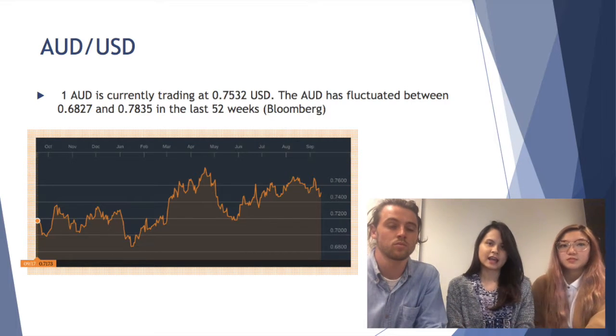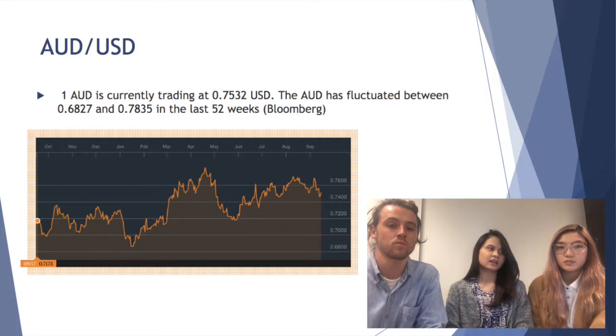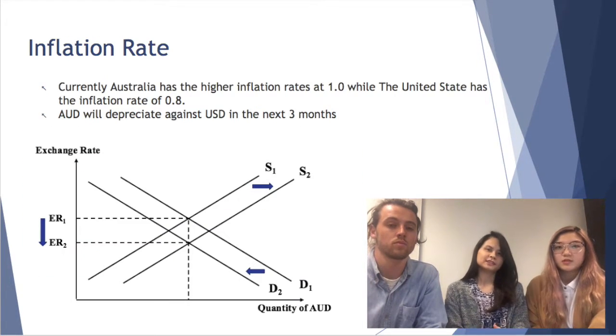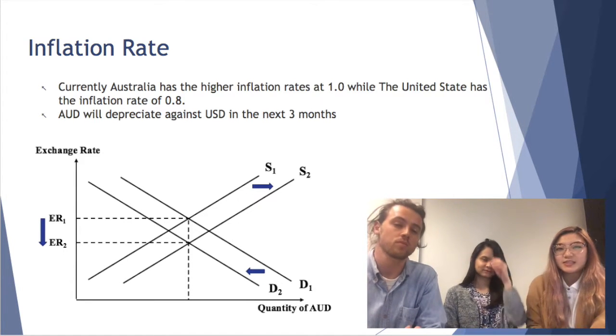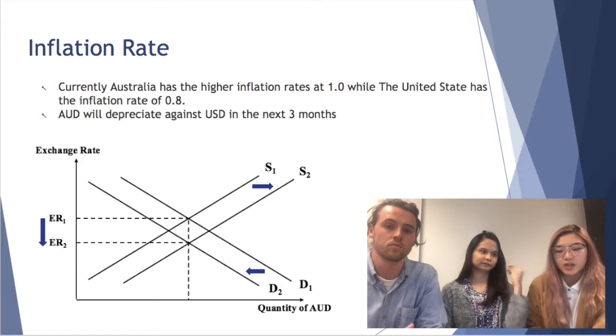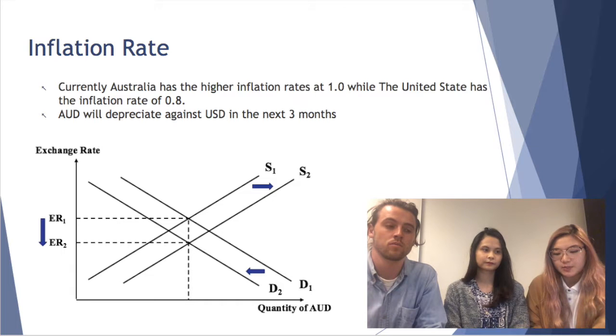Now we will be looking at the three major indicators that impact on the exchange rate, which is inflation rate, interest rate, and commodity price. First, we'll be starting at inflation rate. Australia's inflation rate is currently higher than the United States, sitting at 1%, with the United States inflation rate sitting at 0.8%.